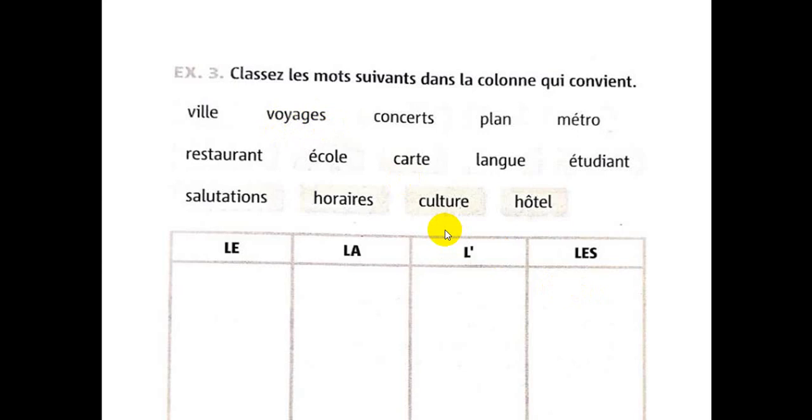One more example I want to give is of l'apostrophe. This word école is a feminine noun in French, but it starts with a vowel.